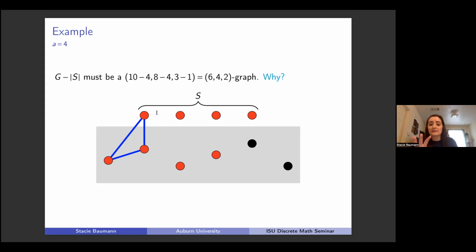So this is the worst-case scenario: if I pick 8 vertices, at most 4 of them are in there. There have to be 4 more in the bottom, and I have this K3. But if I ignore that independent set S, that means there has to be a K2 down here. So this gray space down here needs to be a (6, 4, 2) graph. There are 6 vertices, and any 4 I choose has to have a K2 somewhere.